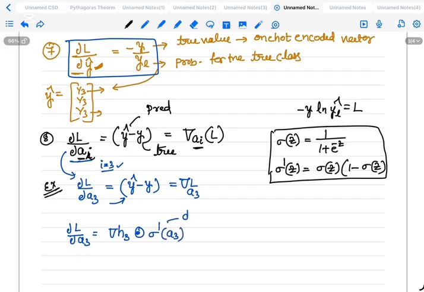This is the derivative of the sigmoid function, written as sigma of A3 times 1 minus sigma of A3.